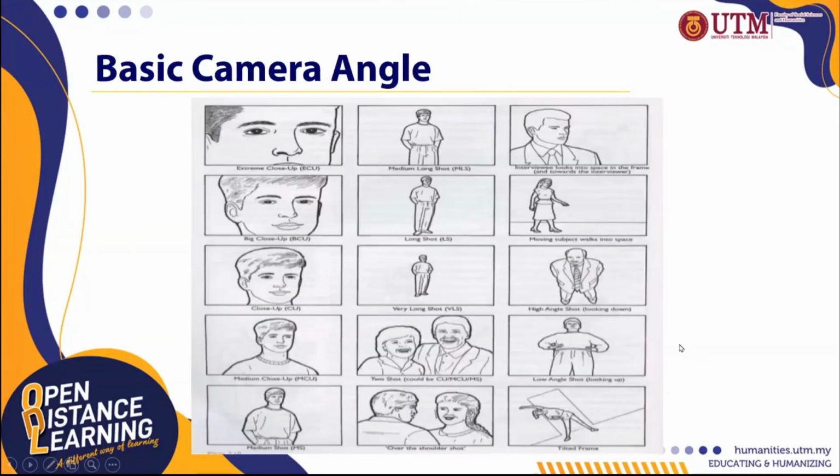Okay, this is the basic one, camera angle. For video production, there are a lot of video production angles. This is an example: extreme close-up, ECU. Also big close-up, for video production. Close-up.